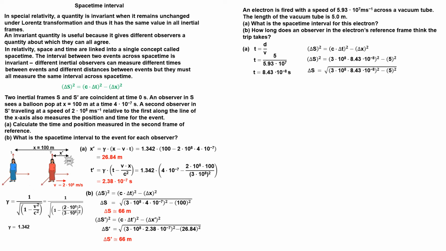Although the laboratory's reference frame and the electron's reference frame disagree about distances and times, they do agree on the value of the space-time interval between the events of the electron passing the start and finish lines. This fact allows us to calculate how long an observer traveling in the electron's reference frame will record between the two events.